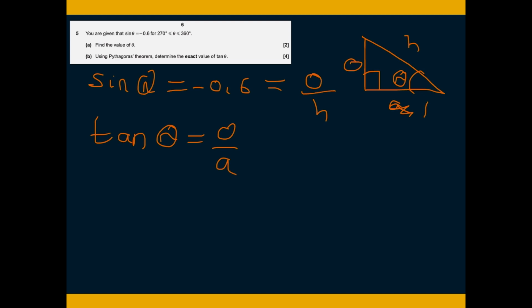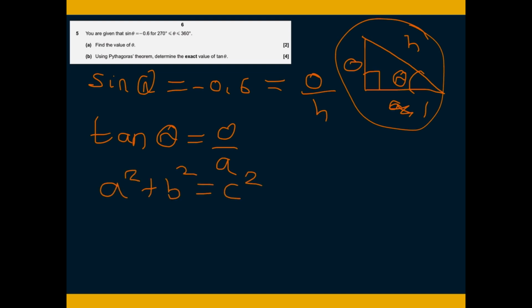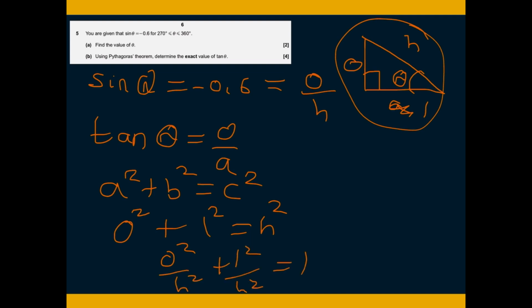So we know we want to find somehow the adjacent or the hypotenuse or the opposite in order to get tan θ. Now, if we look back at the triangle, using Pythagoras' theorem, a² + b² = c², the opposite squared plus 1 squared, which is the adjacent, equals the hypotenuse squared. Or if we divide everything by h², o²/h² + 1²/h² equals 1.